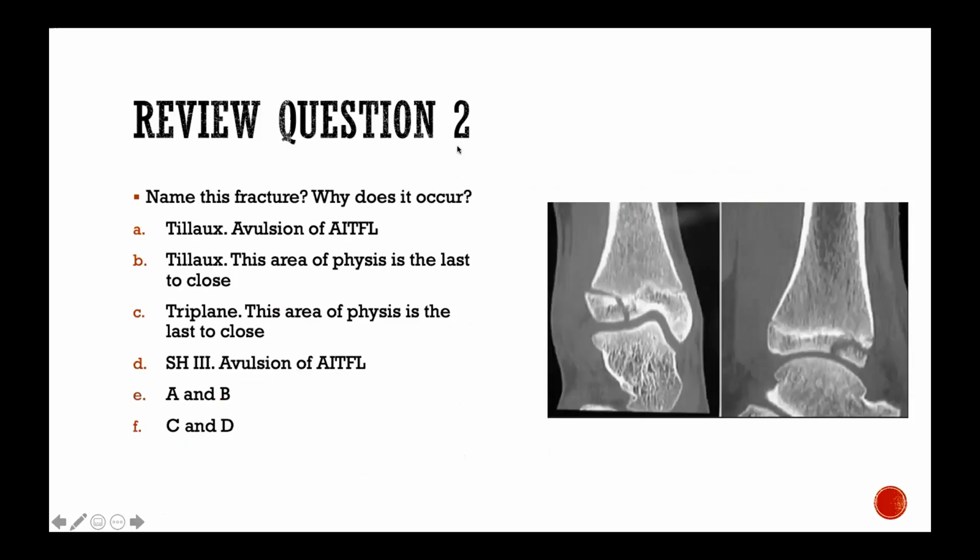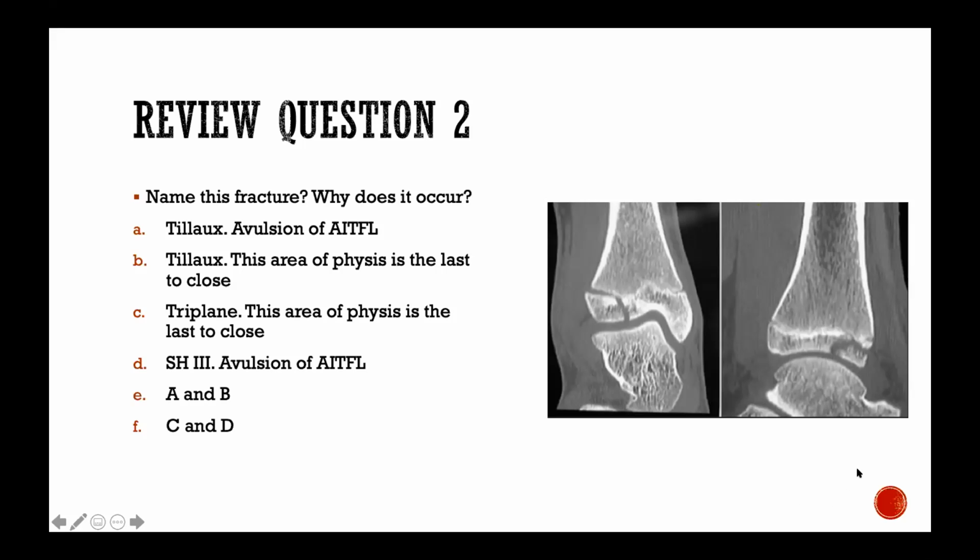All right, next question: how would you name this fracture? And a second part to it is, why does this fracture occur? Again, to orient yourself, these are CT cuts. This is a coronal view of the ankle, medial side, lateral side.